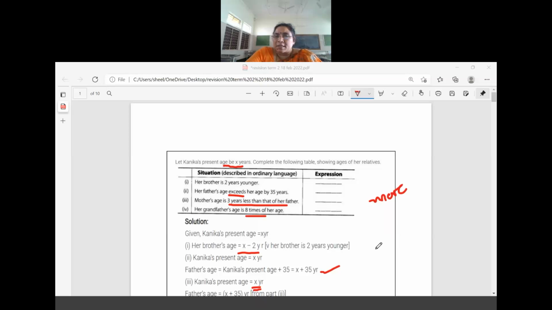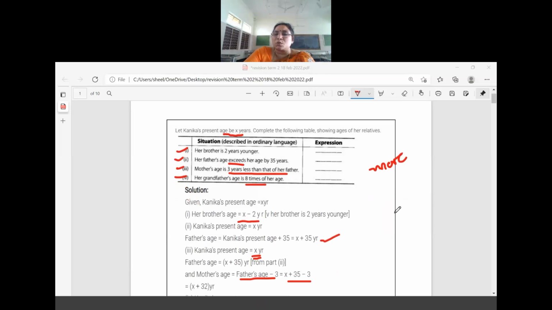So Kanika's present age is x years. Related to that, you go for the brother's age, then the father's age, then the mother's age, then the grandfather's age. All the questions you have to read carefully and correlate with the statement. Then only we can do. Once again, the brother's age is just 2 years less, so it became x minus 2.